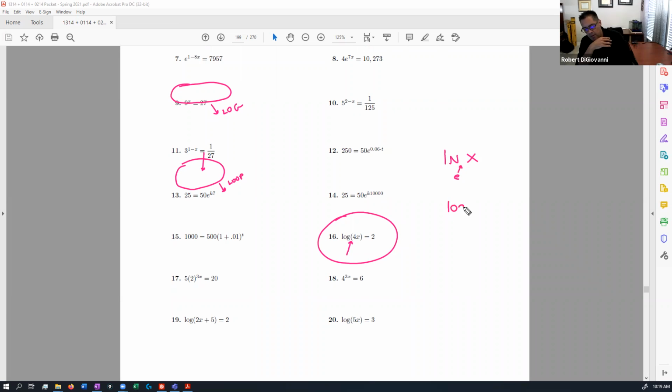But if you just write log, what's the base? 10. Okay, it's a 10. So if they don't put the base there, then you need to understand it's a 10. If they put natural log, you need to understand that's E. That'll help you on a problem like this, because you're going to need the loop, but you've got to know what the base is to do the loop.